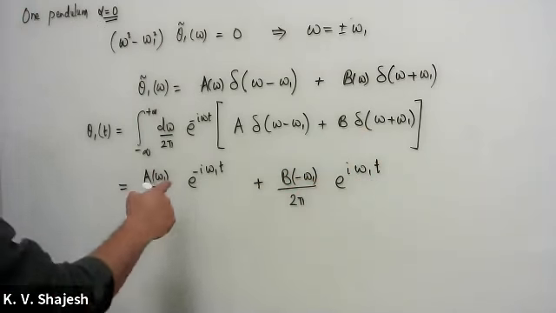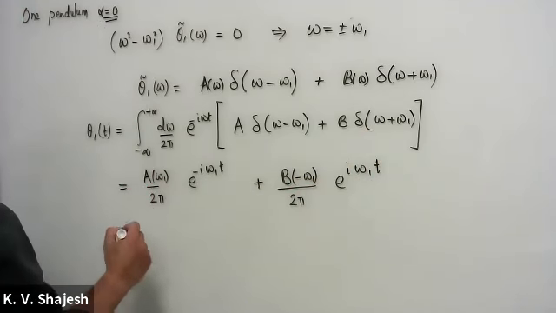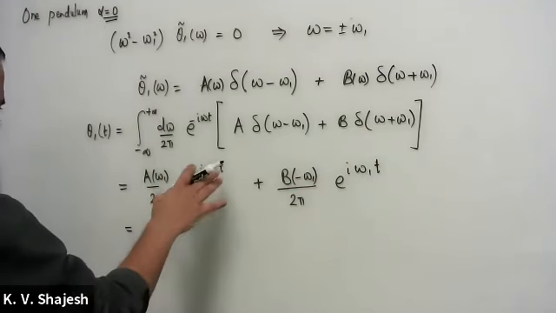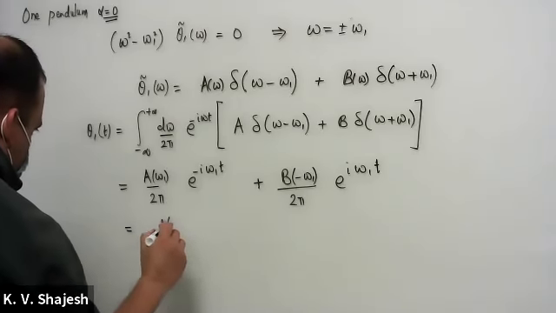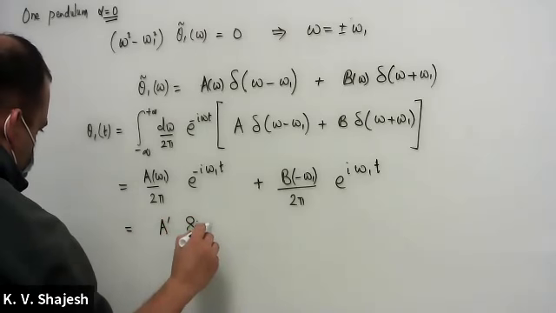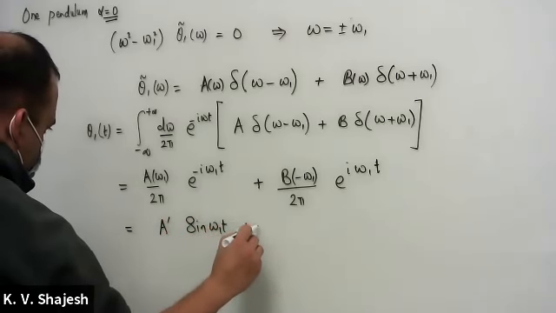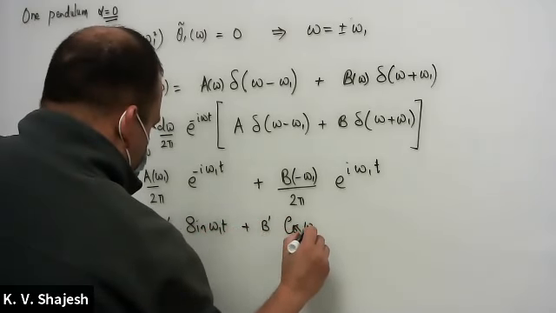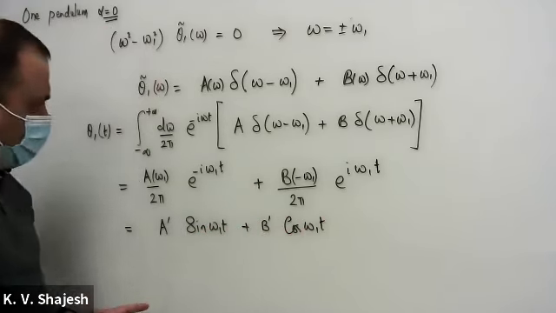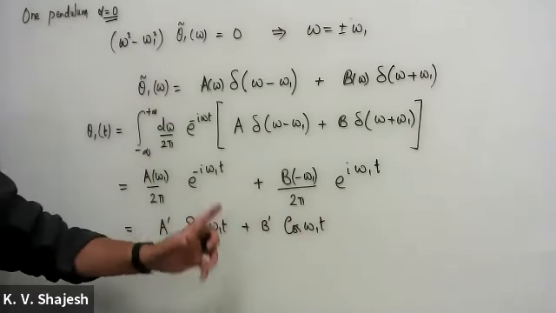And in fact, at this stage I'll also write it in terms of sine and cosine. You can say this is A prime times sine omega 1 t plus B prime times cosine omega 1 t. But either way, I don't know this A and B, remember that.